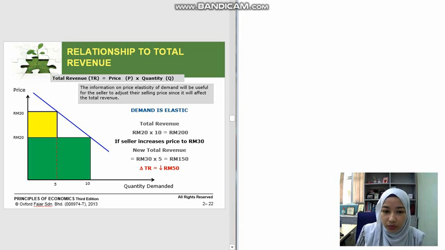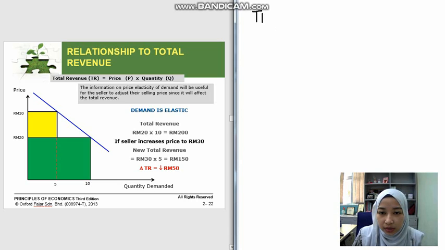calculate total revenue. Total revenue is actually what you get when you sell your products. So basically your sales. Alright, so to calculate total revenue, the formula is the price of your product, which is in RM, multiplied by how many you manage to sell, the quantity purchased by the consumer, which is in units.